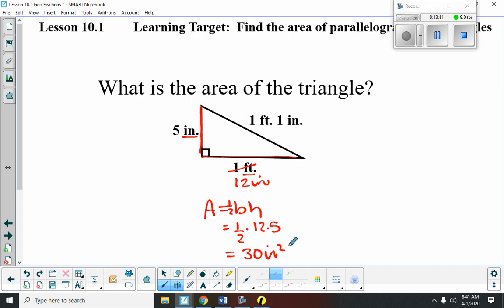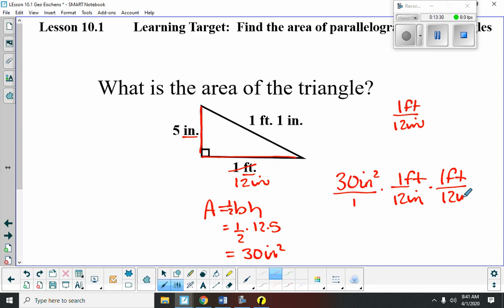Now, if we wanted to convert that to square feet, 30 inches squared over 1. Remember, 1 foot is equal to 12 inches, and so we're going to multiply by 1 foot over 12 inches times 1 foot over 12 inches.